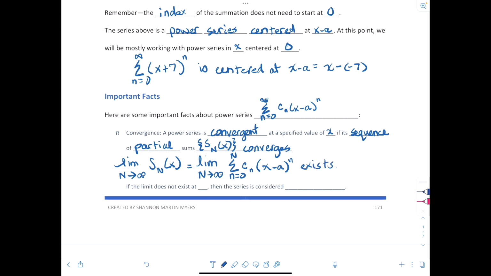Cool? If the limit does not exist at x, then the series is considered divergent.